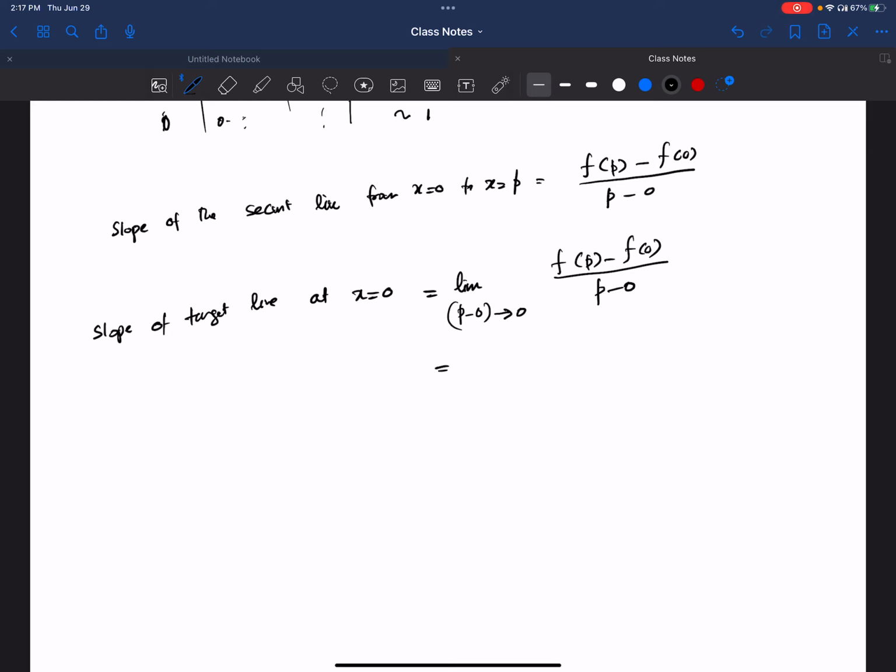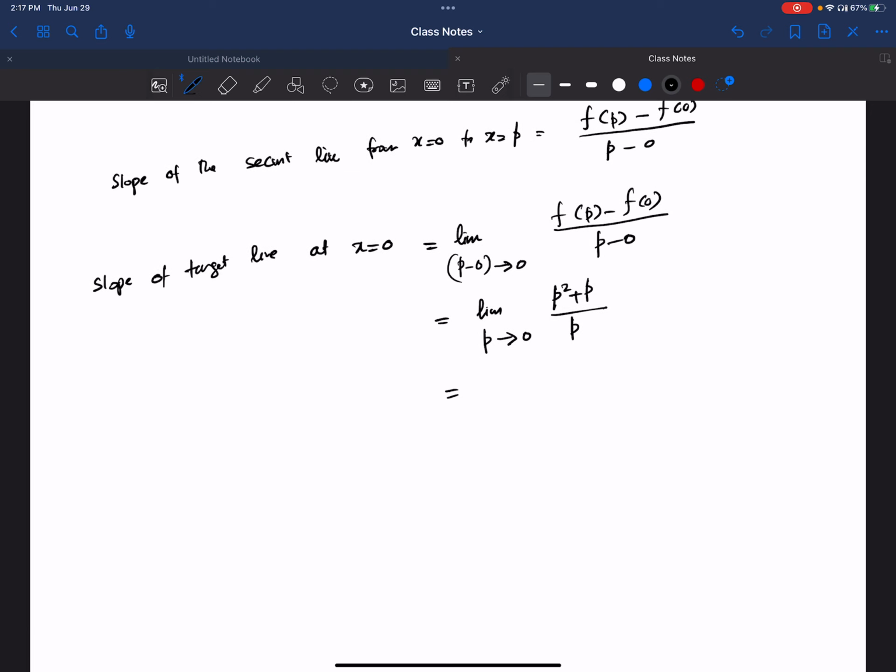In this case, this is the limit as p goes to 0, because p minus 0 goes to 0 means p goes to 0. And then this is p squared plus p, at x equals 0 it is 0, divided by p. Now you can factor out p, and then you get the limit as p goes to 0 of p plus 1.